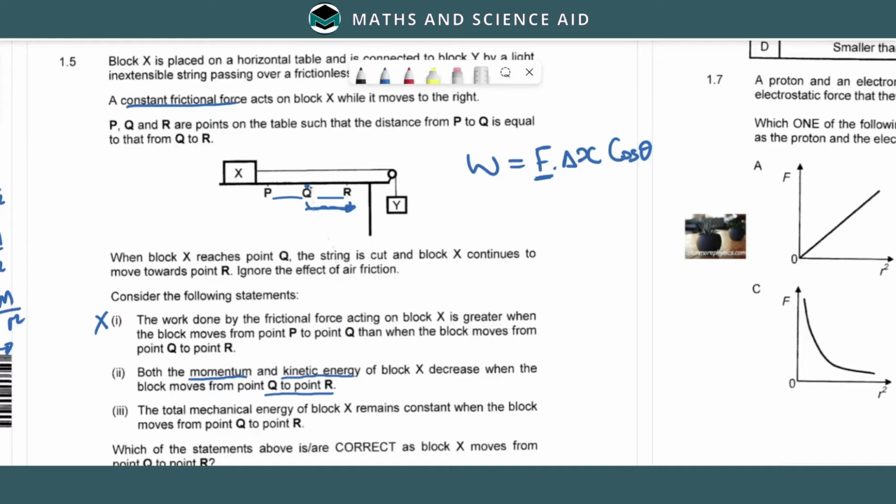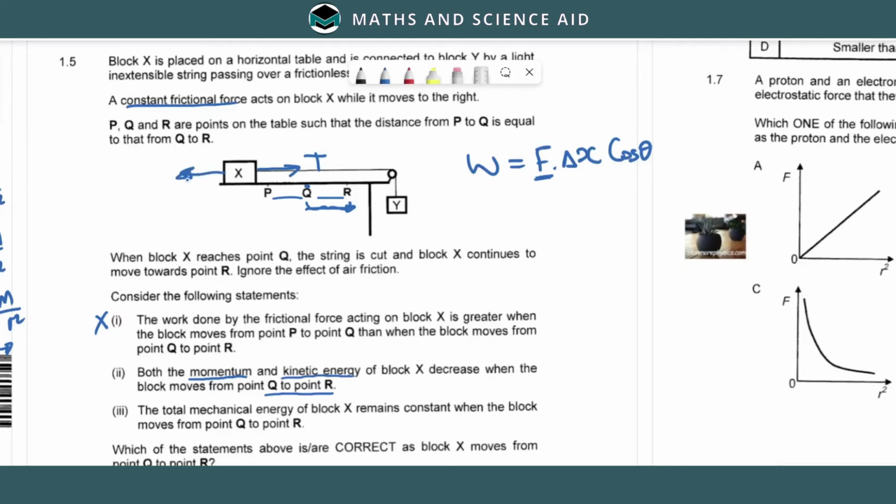Okay, and we're told that when the box reaches point Q, the string here was cut. So it means that the block will no longer be experiencing this tension force that is pulling it to the right. And the only force that will be acting on the block will be the frictional force, which is opposing its motion.